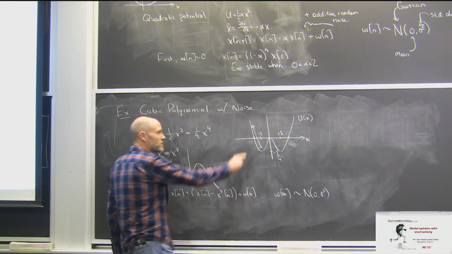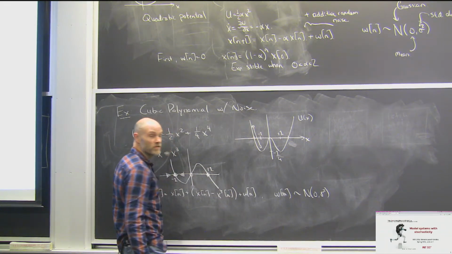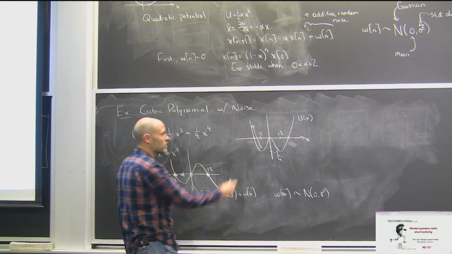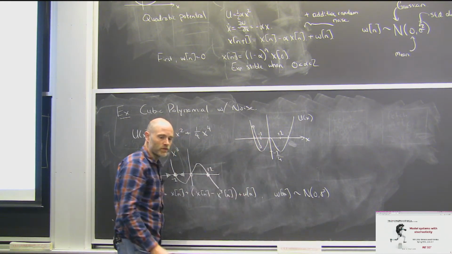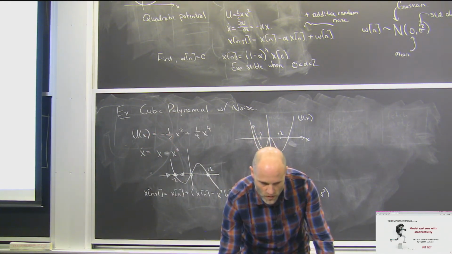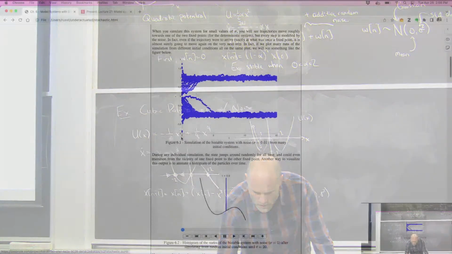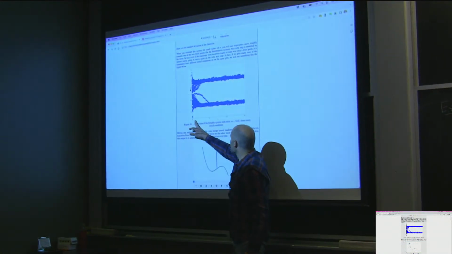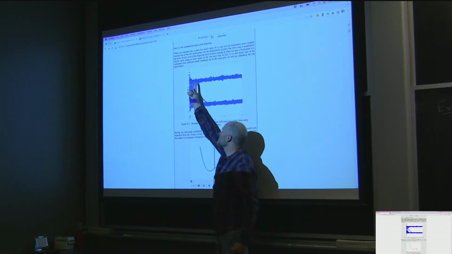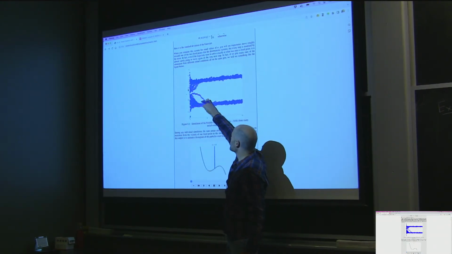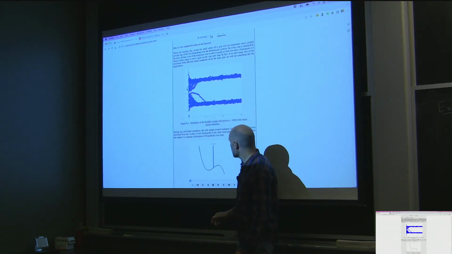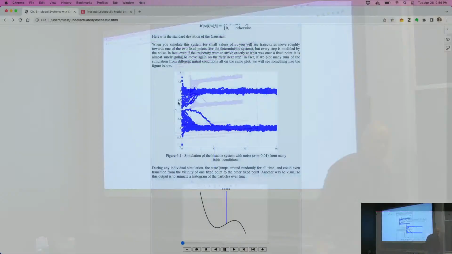And what I'm going to do is simulate the particle a bunch of times. And instead of drawing any one trajectory, well, we can do one trajectory too, but I'm going to draw the histogram. I actually pulled it up over here. This is the result of simulating a bunch of times from a bunch of initial conditions. This is now time, and this is the x position. So you see a lot of trajectories go down and end up in the vicinity of the two fixed points. And I think it's more visual to see it here.